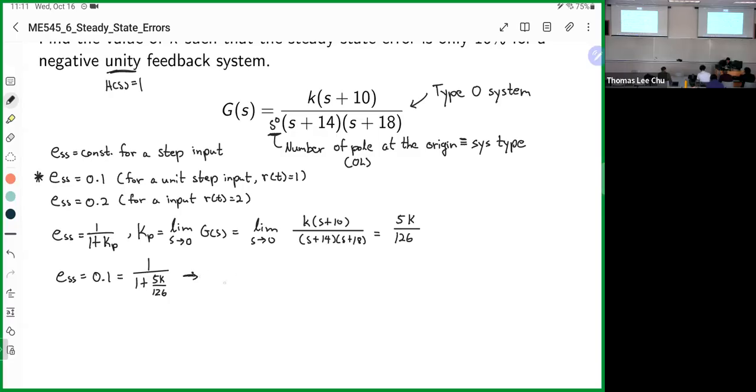And then we get k equal to 226.8 for that to happen. So pretty large gain, but that's the price you pay for reducing steady state error. So one thing about this equation here is that this equation is only for unit step inputs.